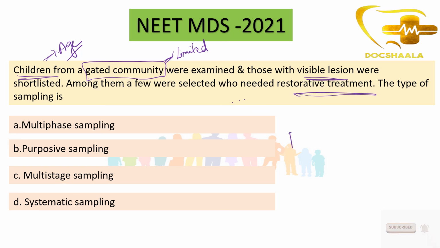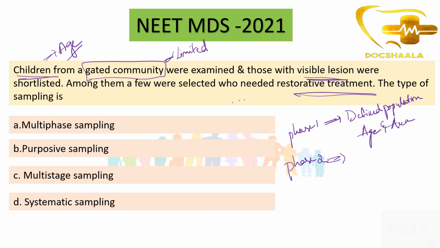So in phase 1, they defined the population based on age and area, right? Among those, in phase 2, they took only those people who have visible lesions.